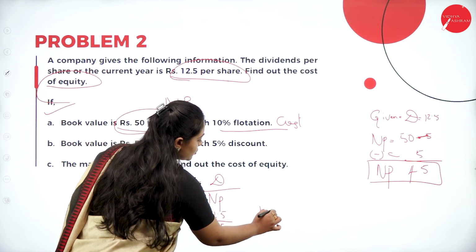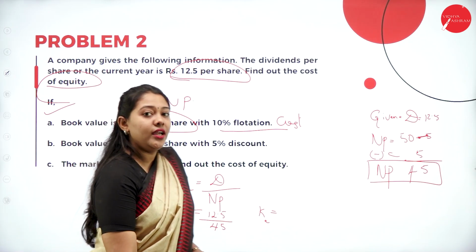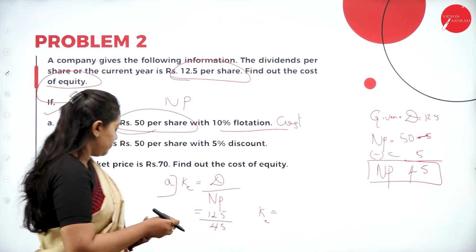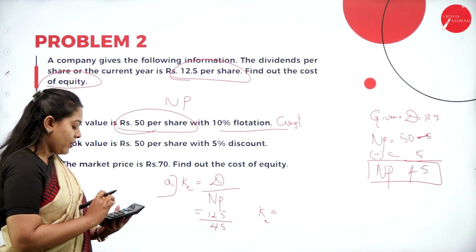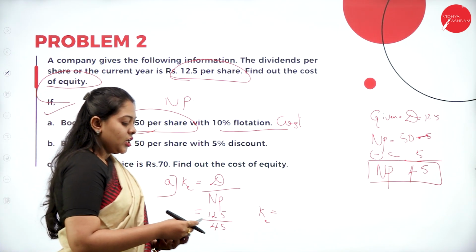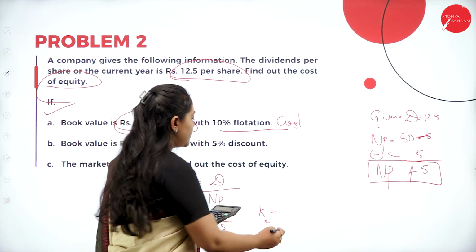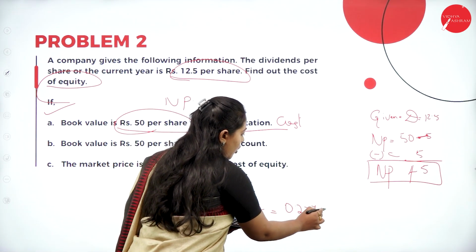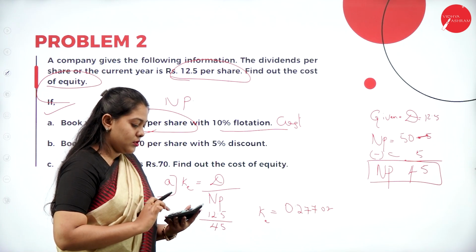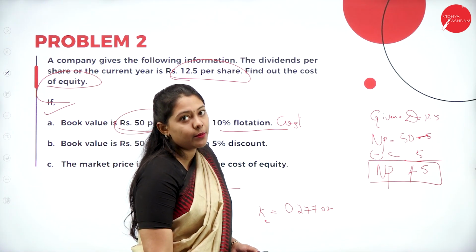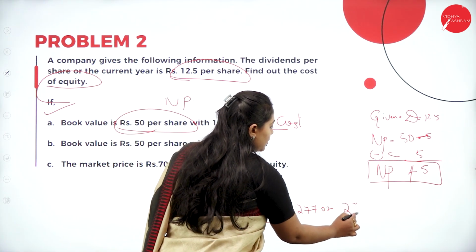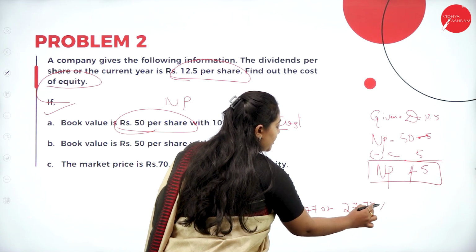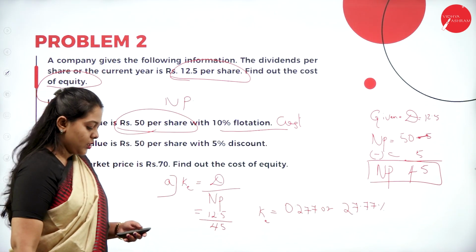So let us see what the cost of equity is. 12.5 divided by 45 is 0.27 or 27.77%. So this will be the cost of equity.